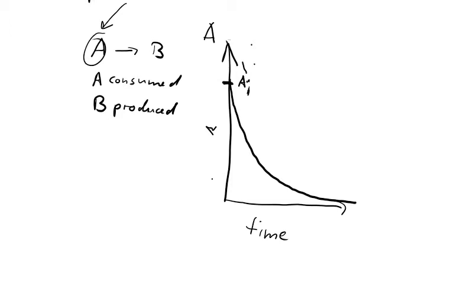Now, what would you expect for B? What happens to B? It would go up. And exactly, it would go like that.